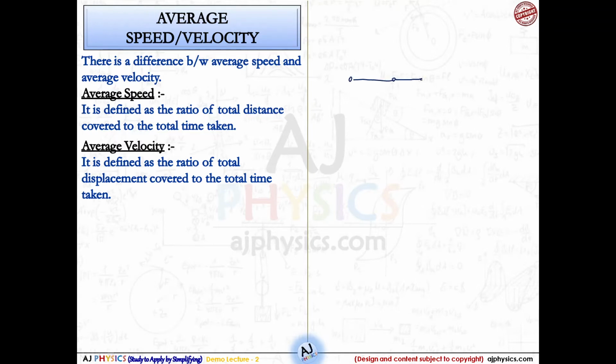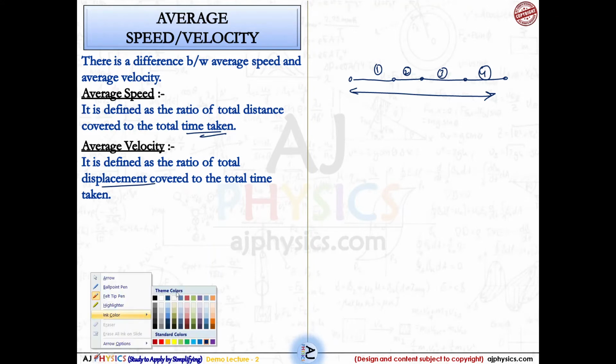Let's take some intervals here, if there are four intervals, 1, 2, 3 and 4. So the average speed is the total distance covered, whatever it could be, divided by the total time taken. And in the case of the average velocity, it is the total displacement covered. Now the displacement always depends upon the initial and the final position.